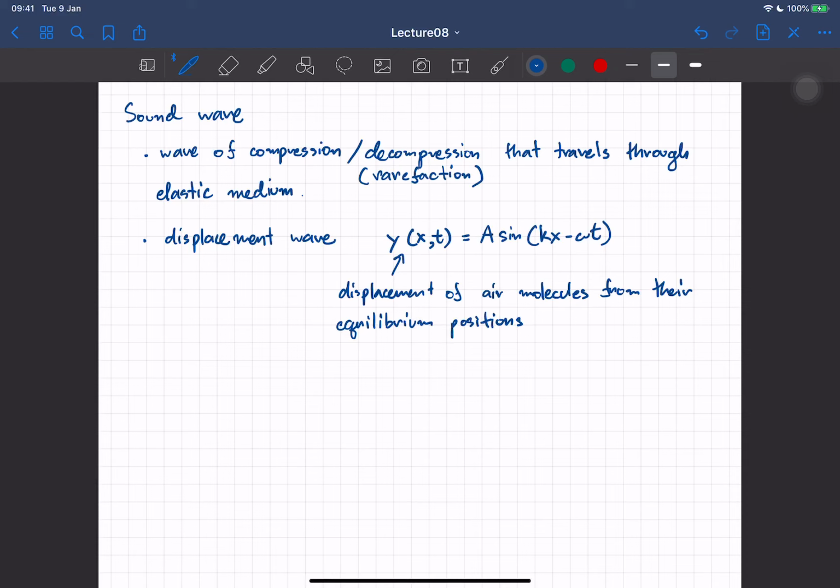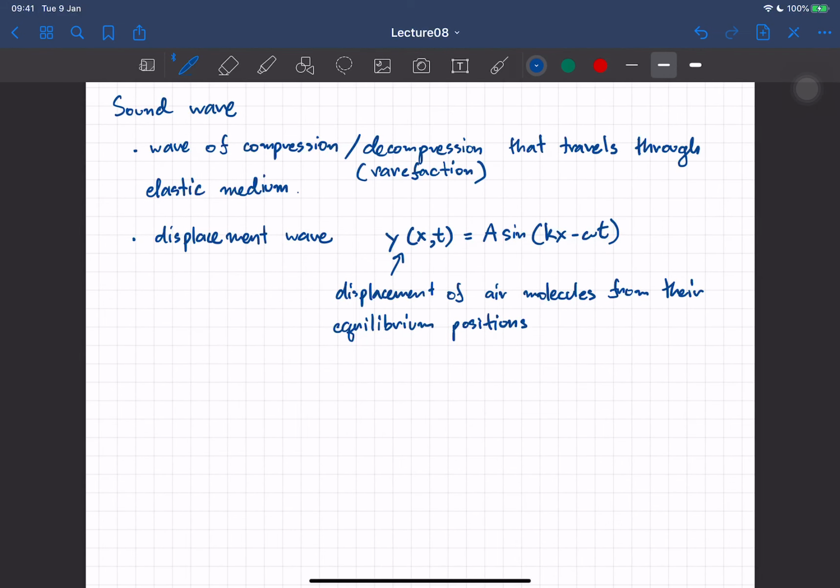It's oscillating left and right, where the wave is also going horizontally left and right. So it's a longitudinal wave, which means the displacement is also left and right. It's a little bit hard to picture, but that's what we have here.